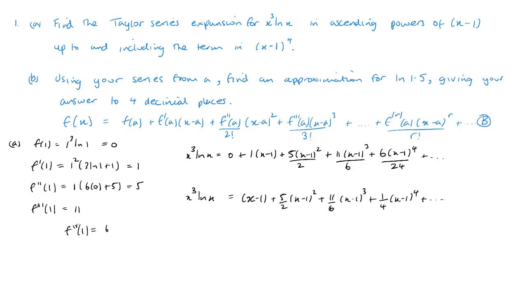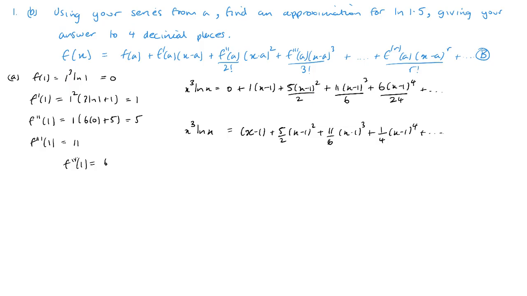Now part B is relatively straightforward, just a substitution. We want an approximation for ln 1.5, so x is 1.5. 1.5 cubed, if I do that in my calculator, I get 27 over 8, times ln 1.5.